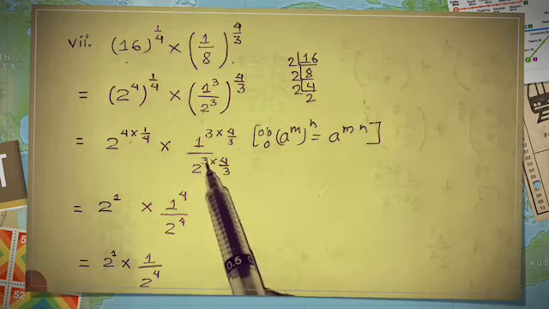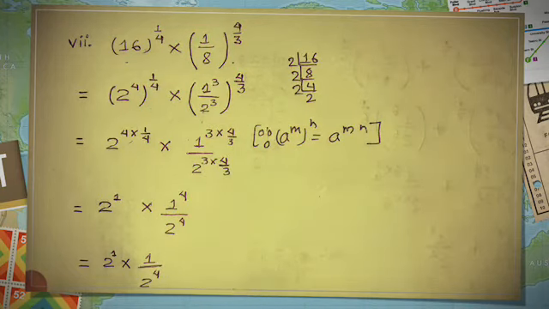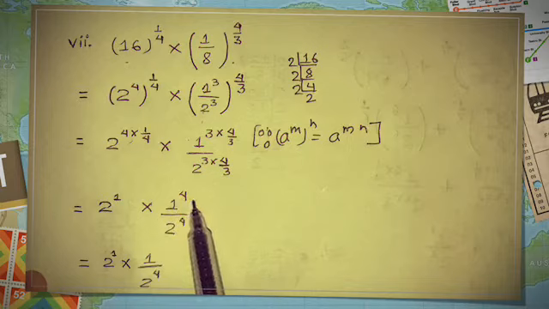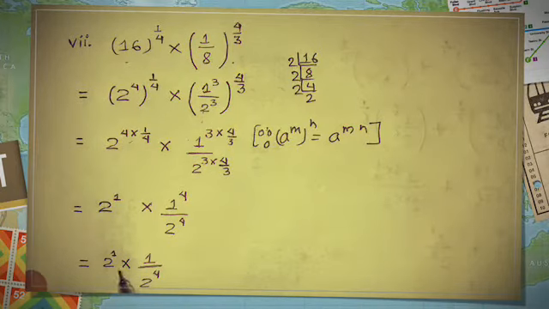In the denominator also 3 cancels to 4. And 1 to the power 4 is 1 because 1 multiplied 4 times gives 1. After that we multiply the numerators and keep them in one fraction.